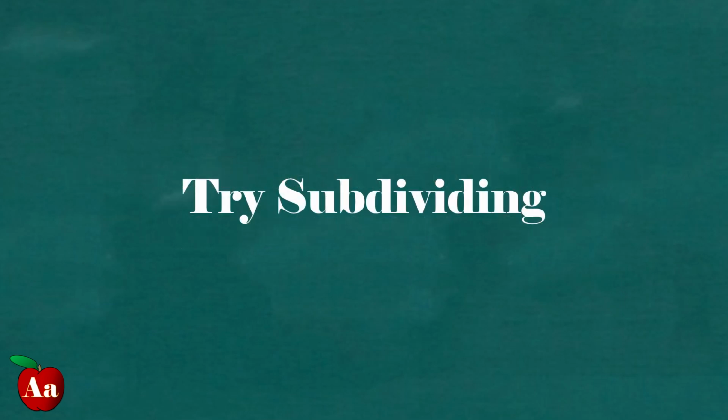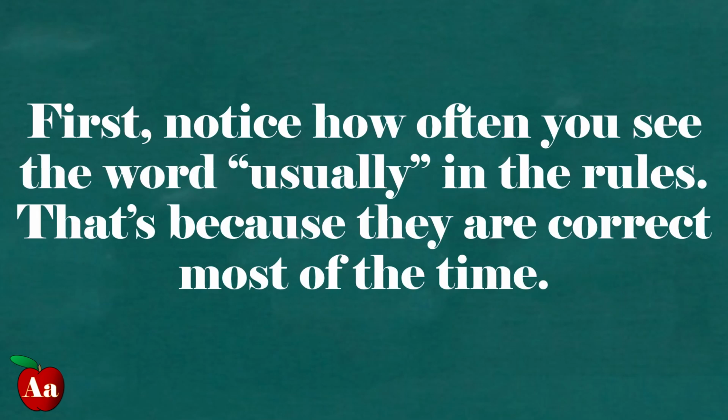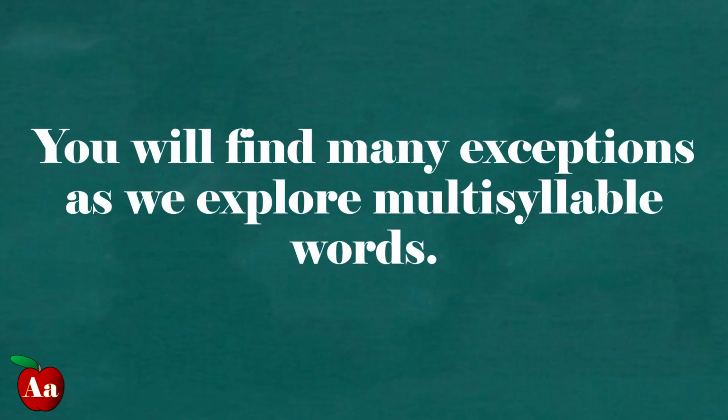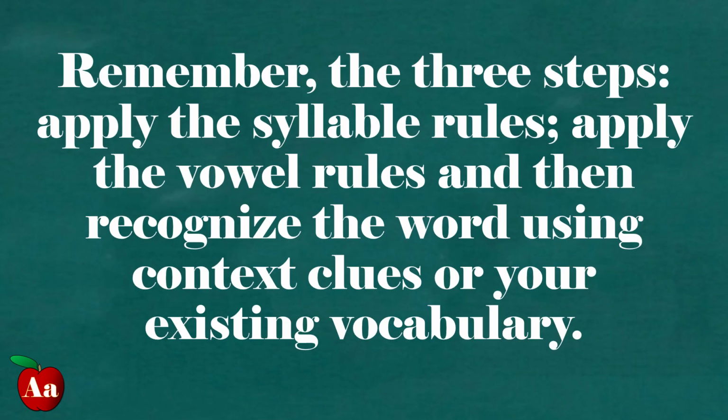Let's try subdividing. First, notice how often you see the word usually in the rules. That's because they are correct most of the time. You will find many exceptions as we explore multisyllable words. Remember the 3 steps. Apply the syllable rules, apply the vowel rules, and then recognize the word using context clues or your existing vocabulary.